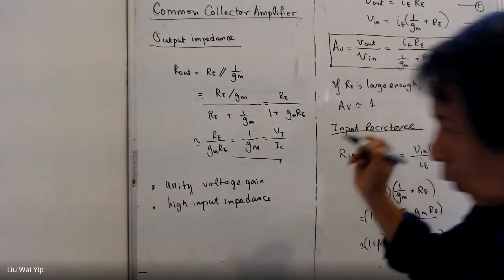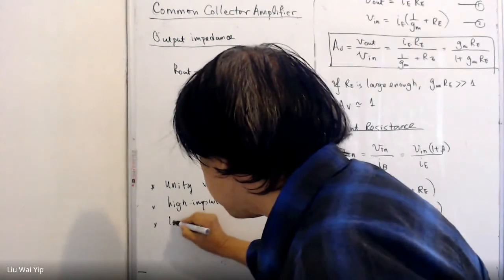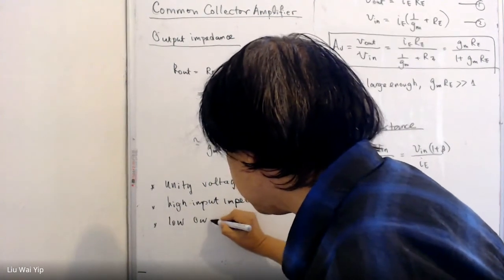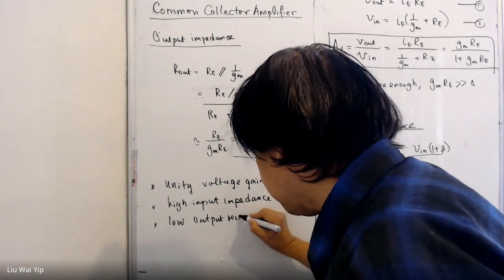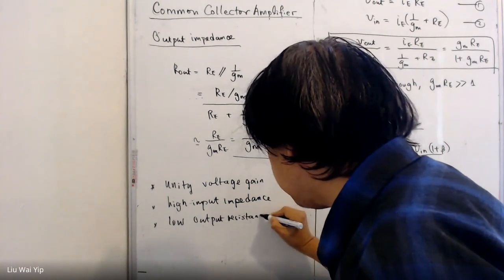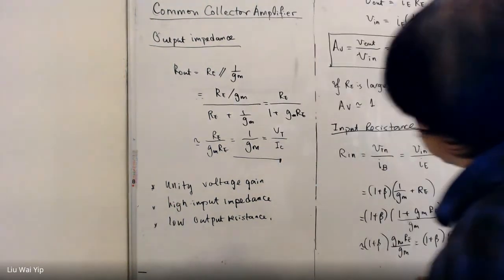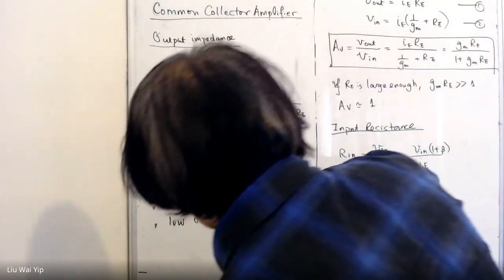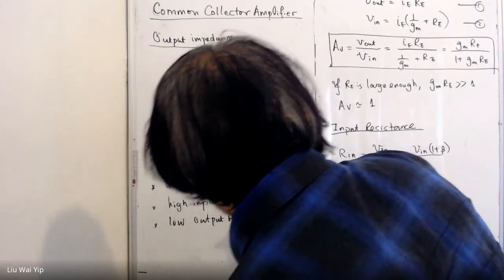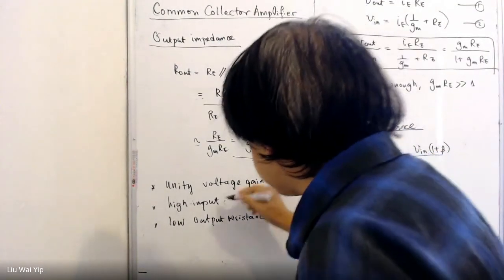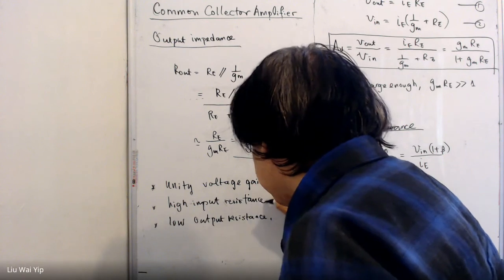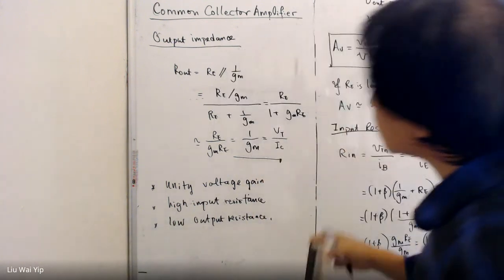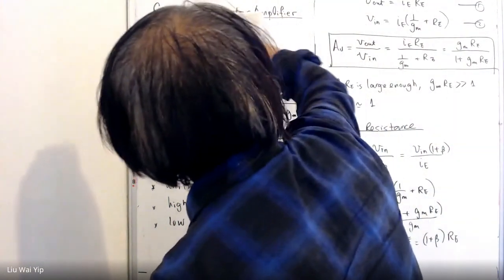And low output impedance. Maybe we should use resistance. This is the better term. And we change it to resistance.